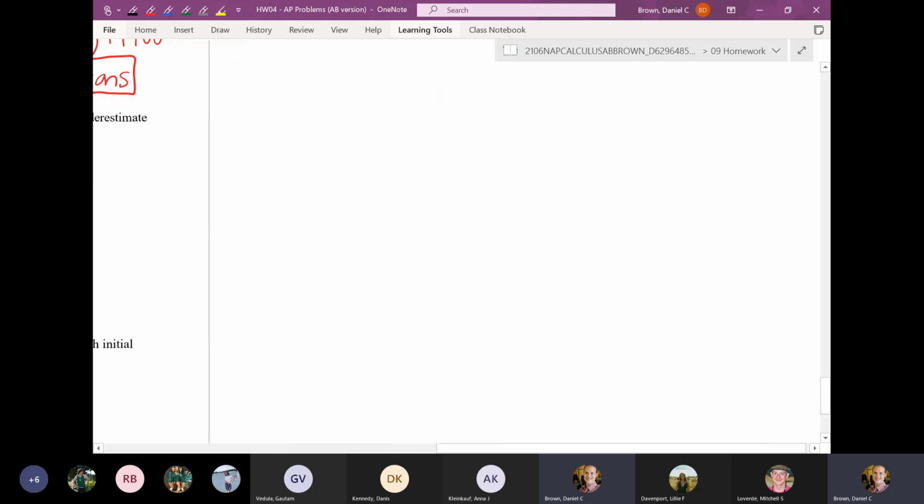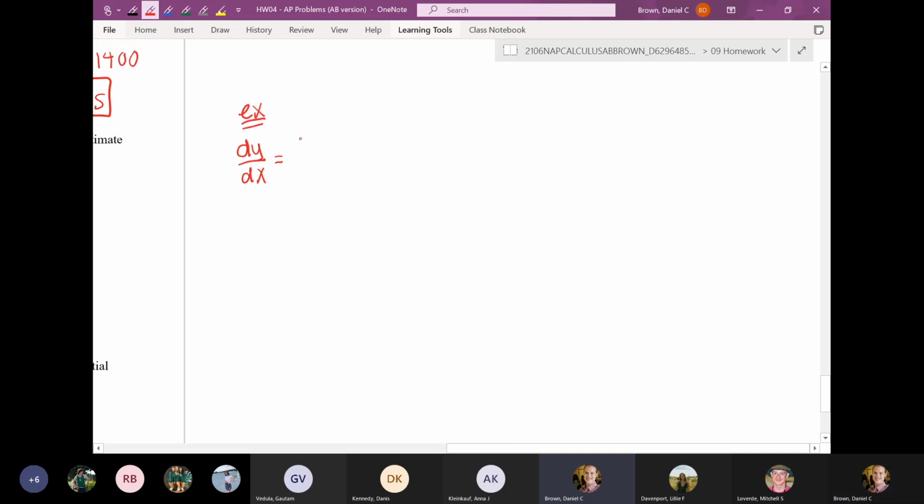I know those of you who didn't have me first semester, you didn't learn this at all until I showed it to you. Those of you who did have me, always good to review. So again, I'm just going to make up an example. Say this is my differential equation, and I want to find the second derivative.